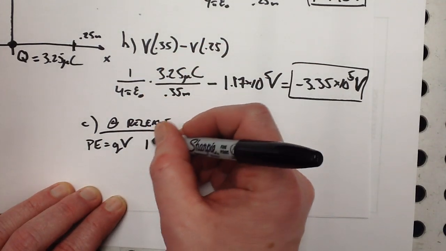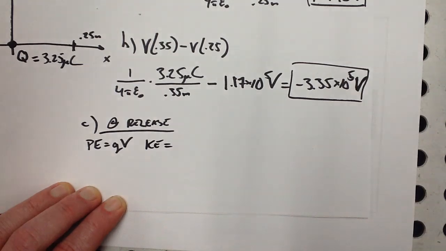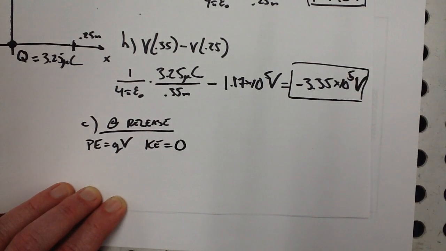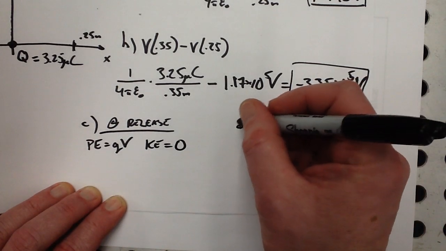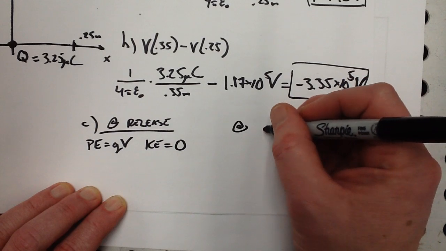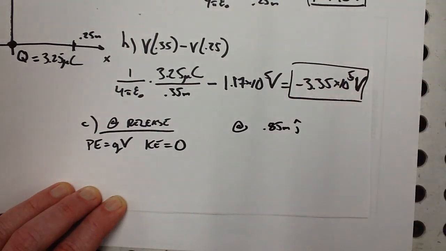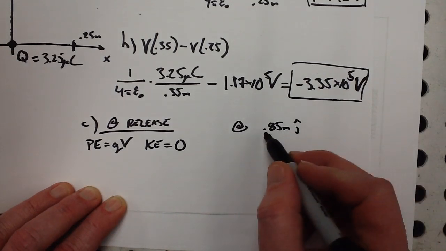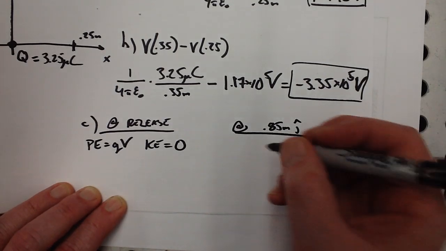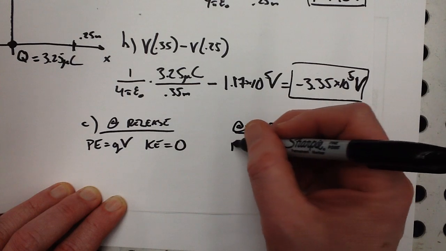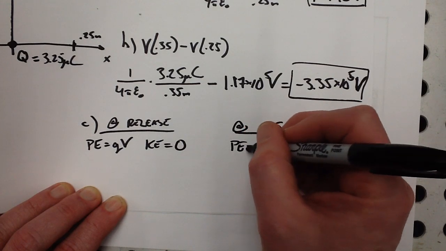And the kinetic energy, since this is at the release, is going to be 0. And when it gets to 0.85 meters up there on the y-axis, then it's going to have some potential energy.